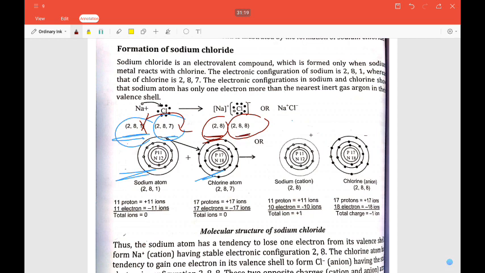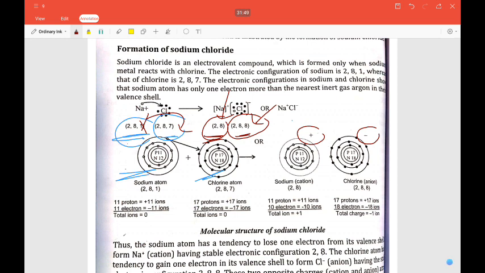In sodium at last there are 8 electrons, it is octet. Here also 8 electrons, it is octet. Now both are stable. But in this case they are called ions, because they contain positive and negative charge.